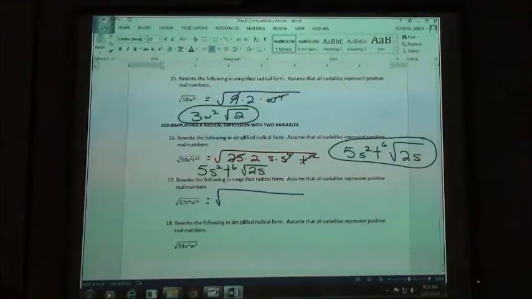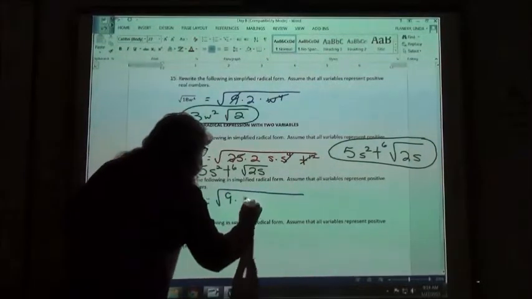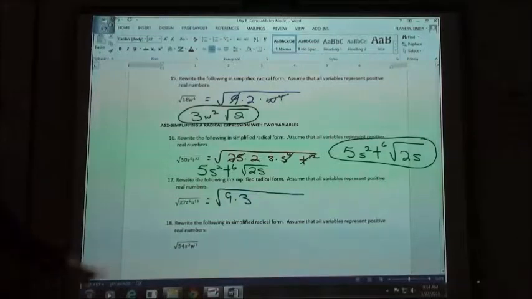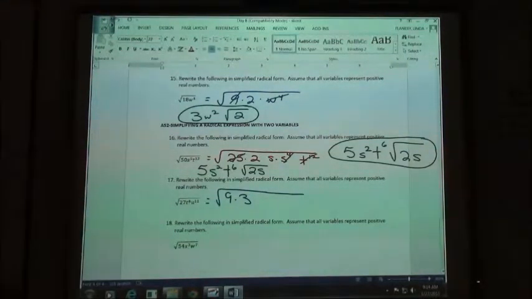Nine, exactly. 25 doesn't work, 16 doesn't work, but 9 goes into 27. 9 times 3 is 27. T to the 6th. Should we leave it alone or should we factor it? Leave it alone, because it's already even.